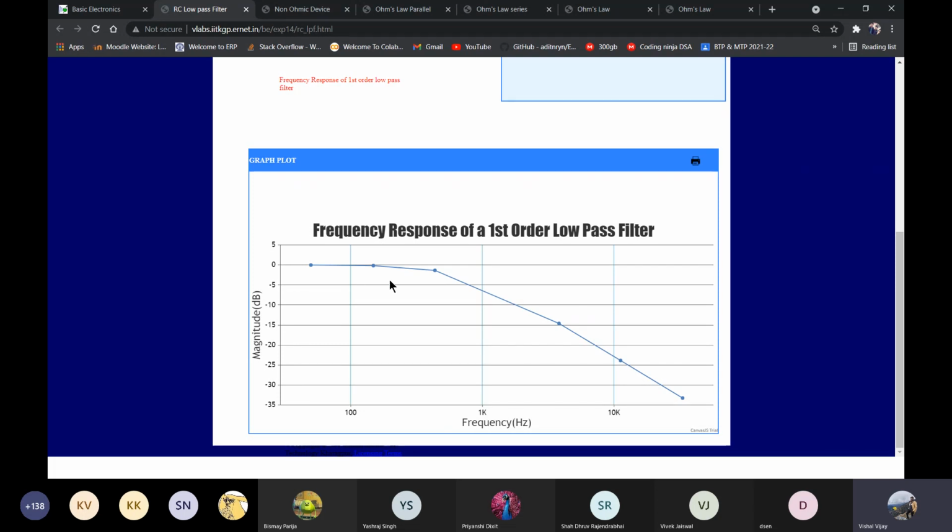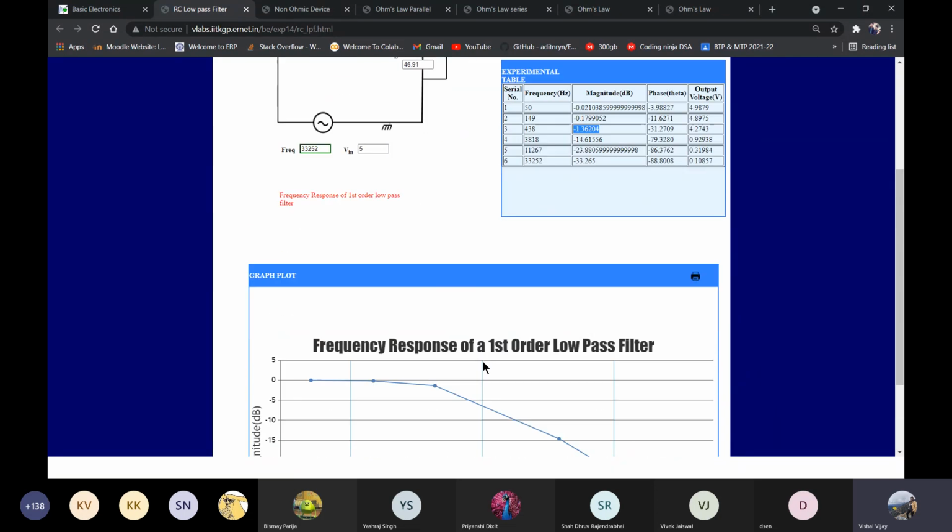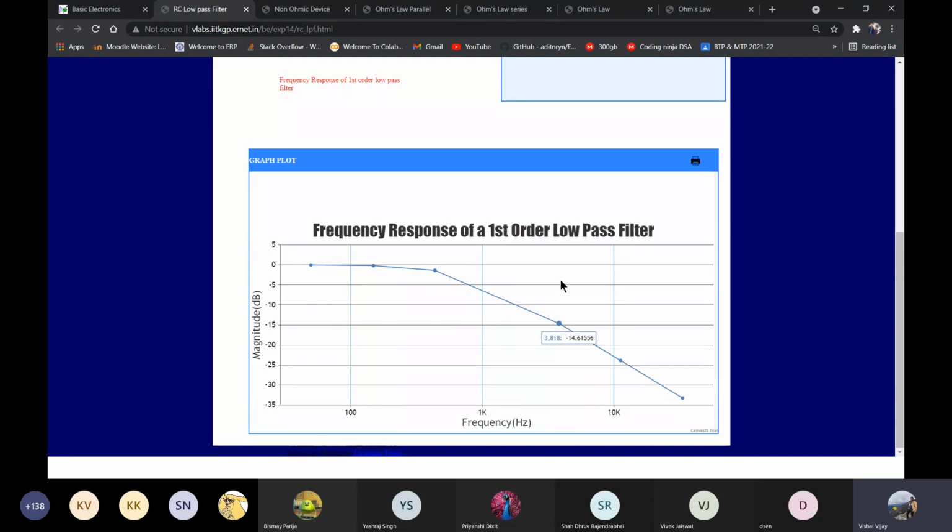If you go till the minus 3 point, you will see that this is nothing but 720 hertz. This point will correspond to 720 hertz only. So at minus 3 dB, 720 hertz frequency will be there. All right. This is how that frequency response curve will look, and the slope is nothing but minus 20 dB per decade.